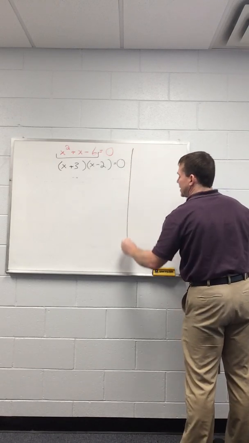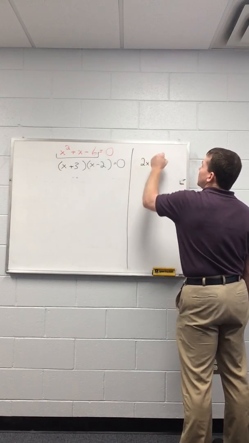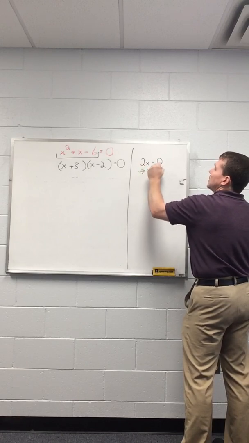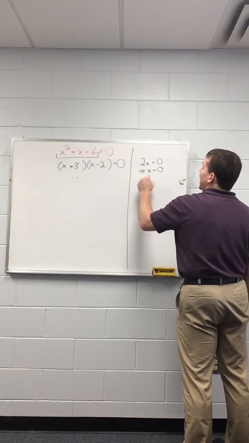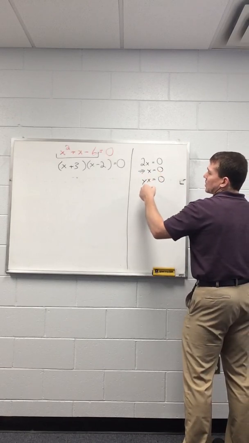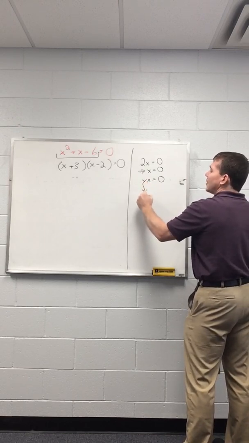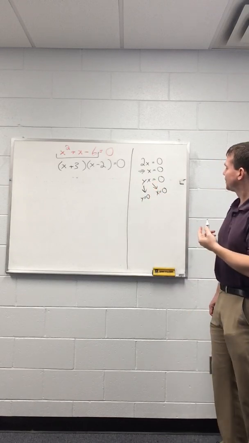And the idea is, if we have 2 times x equals 0, then algebraically we know that means x equals 0. And by extension, if I have y times x equals 0, that means if I have 2 things that multiply to 0, either the y equals 0 or the x equals 0.